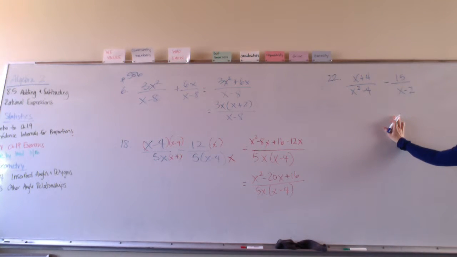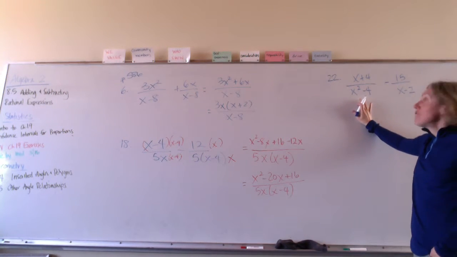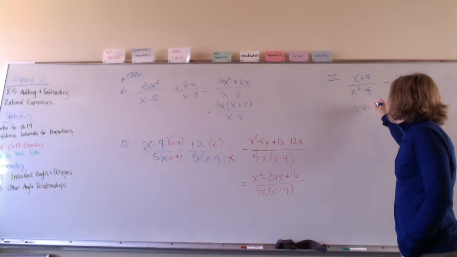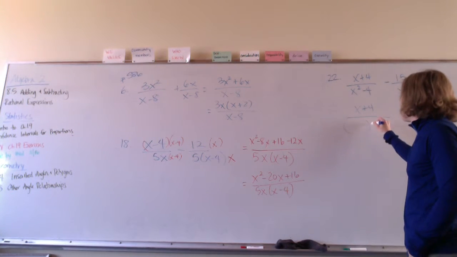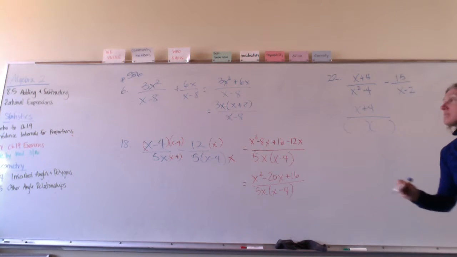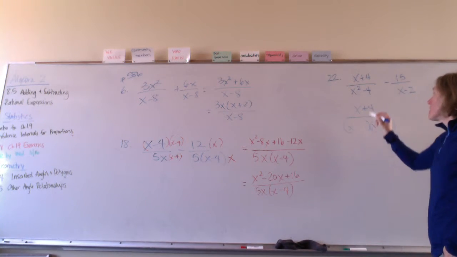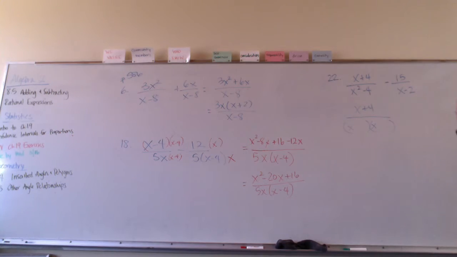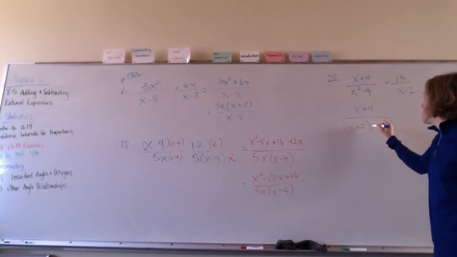Well, that one's got a square and the other one doesn't, so we got squares, essentially. What have we been doing to try to identify the least common denominator? Factoring. So what if we factored this? What is x squared minus 4 factor to? x and x, the middle term cancels. 2 and 2, plus 2 minus 2.